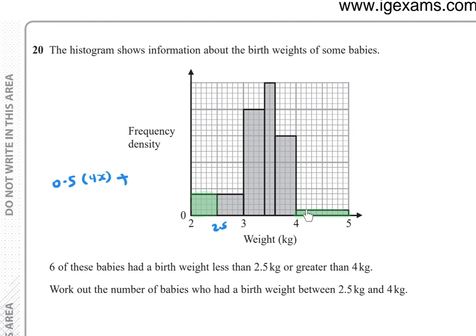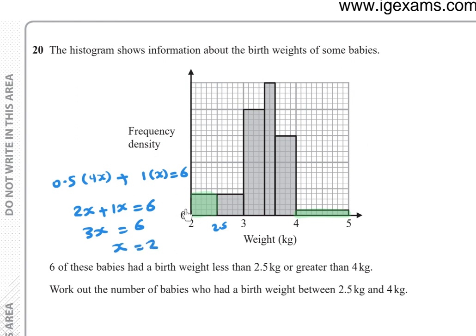And for the other rectangle, the base is 1, from 4 to 5, and the height is 1 small square, so 1x, so 1 times x equals 6. Now 0.5 times 4 equals 2x plus 1x equals 6, so 3x equals 6, so x equals 2.